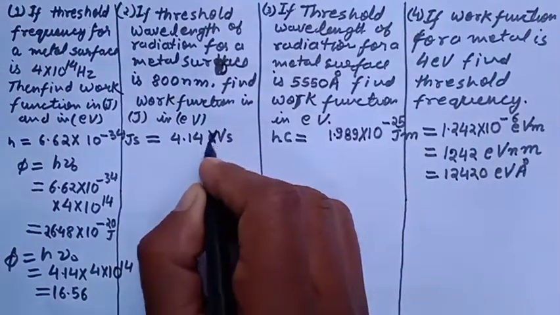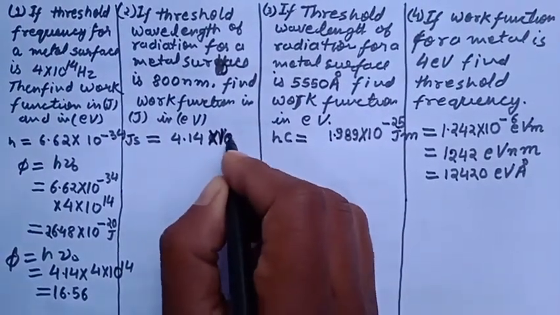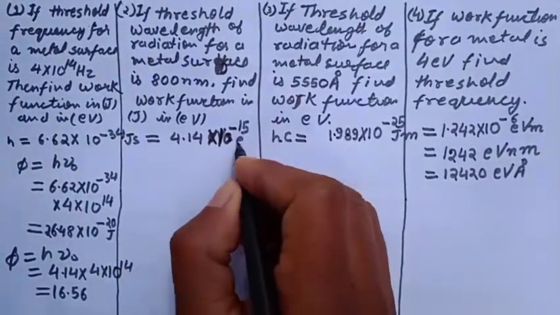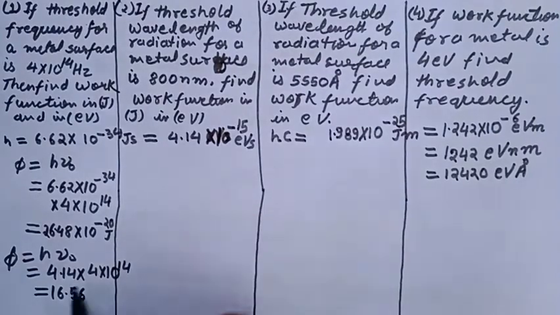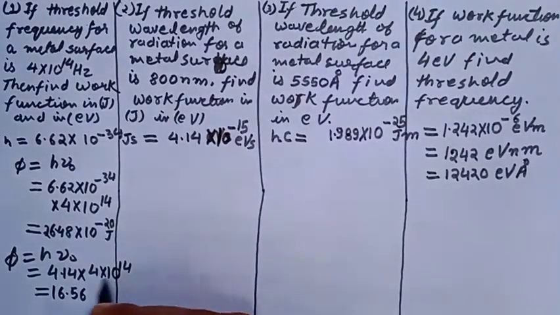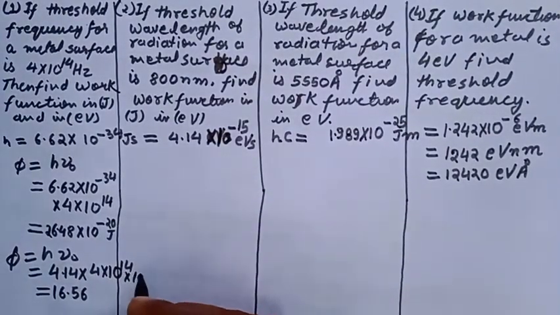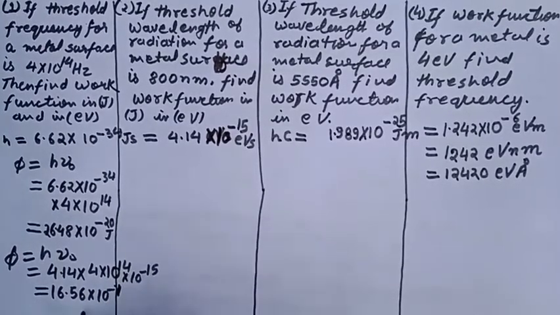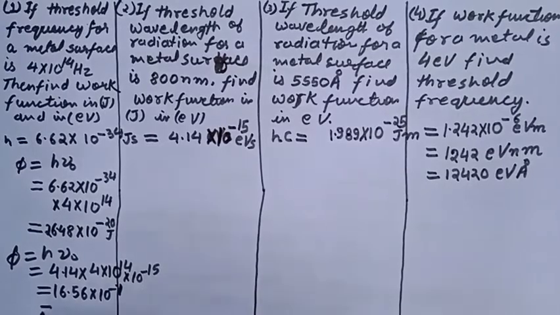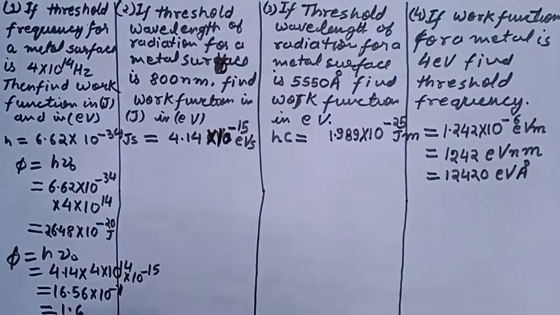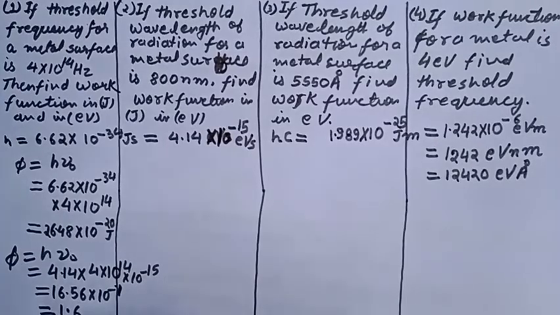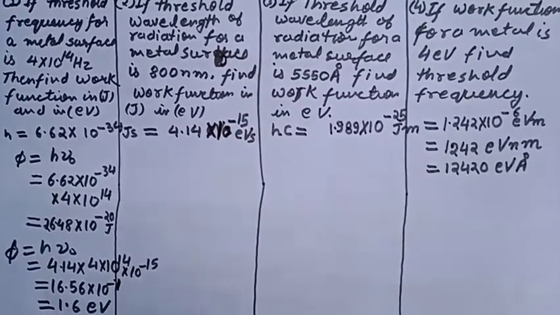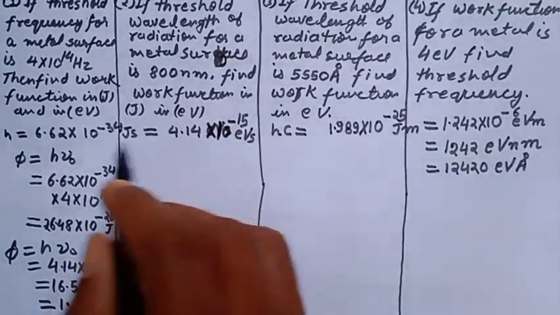It should be multiplied by 10 to the power minus 15. So correct this in your notes. I missed that, and also here. So multiplied by 10 to the power minus 15 will also be there, into 10 to the power minus 1. So that will go into the denominator, and the decimal place will shift by one place, 1.6. After rounding off it will remain this way, in electron volt. So remember this thing, h is this one.